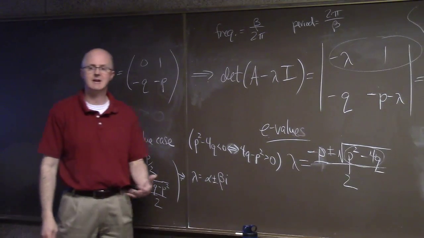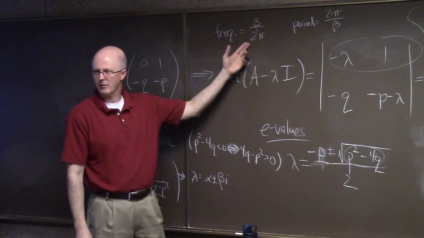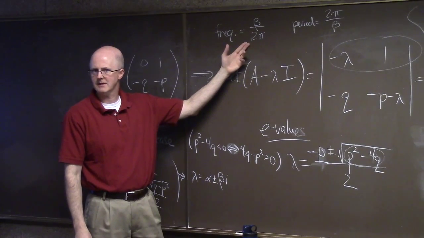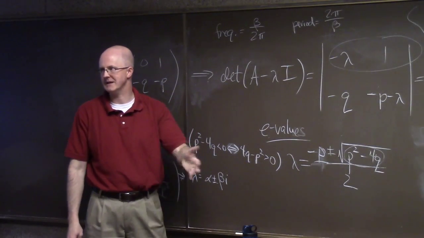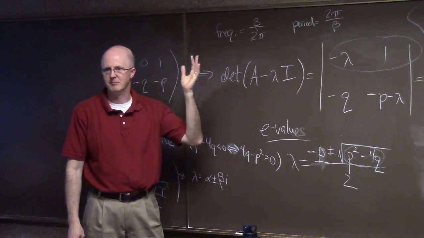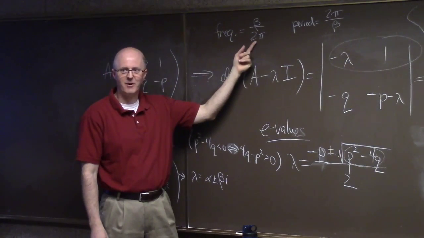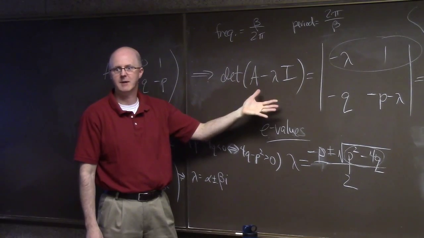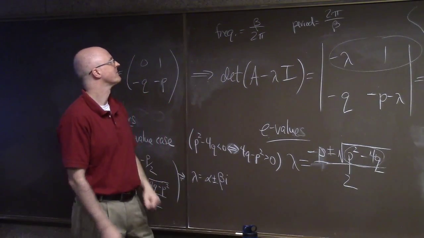If you were using standard units, time in seconds, then what would the units be for this frequency? Hertz, HZ is the abbreviation. If time is not in seconds, if it's in minutes or days or millennia, yikes, then that's not hertz anymore. It would be 1 over whatever the unit of time is. But 1 over seconds is taken to be hertz.